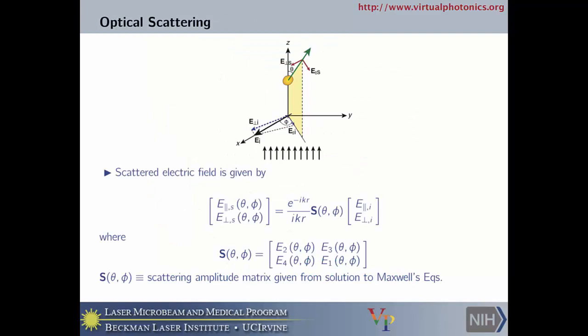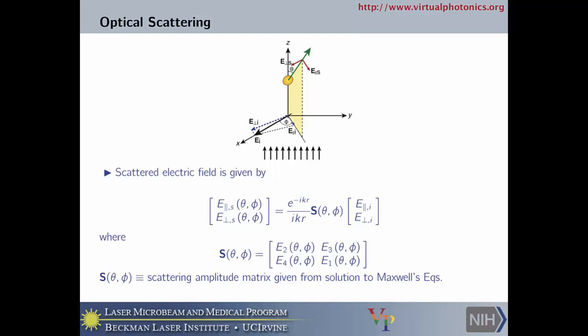So let's talk about optical scattering more abstractly, more fundamentally. Again, if you want to characterize the way that a particle scatters light, you have to go to Maxwell's equations. And this is a basic depiction of that. So Mie scattering addresses the simple problem of an electromagnetic plane wave of a given polarization state.